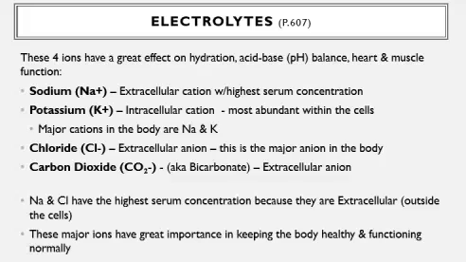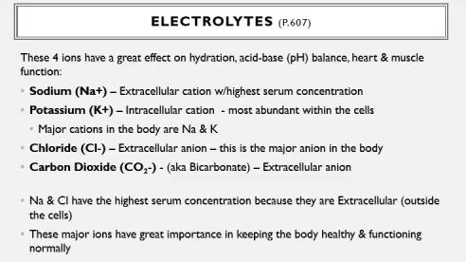Potassium is an intracellular cation. It is the most abundant within the cells. So it is the opposite of extracellular, like sodium. It's intracellular. So intra means inside the cell, but it's still a cation, so it's a positive charge. So the 2 major cations in the body are your sodium and your potassium.